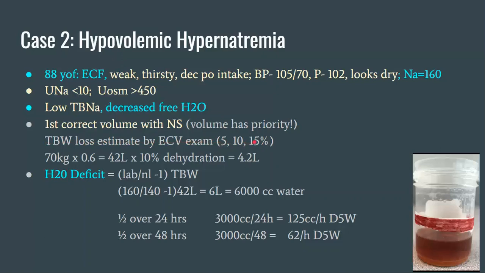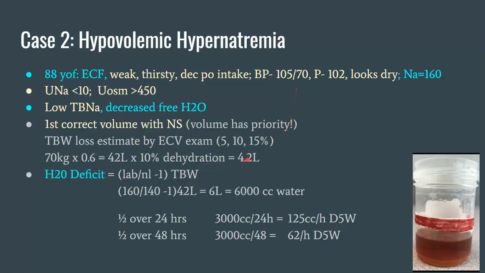It kind of is counterintuitive when you're looking at a higher sodium. But again, volume is corrected first, and we're saying that she's 10% dehydrated, 4.2 liters down, and we can give her maybe half of that over the first 24 hours until she gets a little bit better looking clinically.